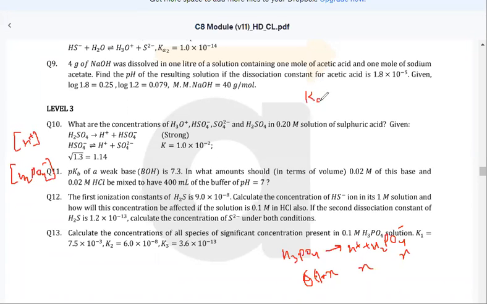Which is basically K is equal to X squared over 0.1 minus X. Sorry, this is 0.1 minus X, not 0.1 into 1 minus X. So from here you can calculate X, yes or no?